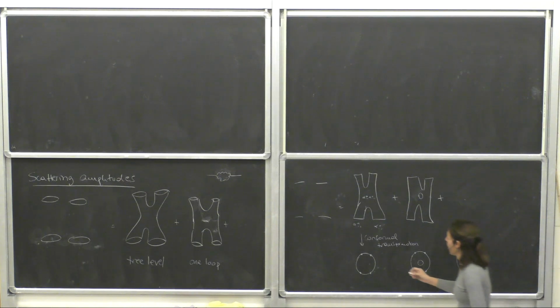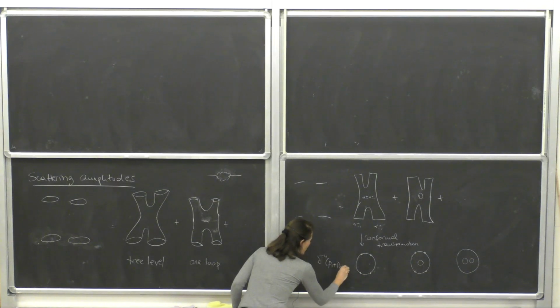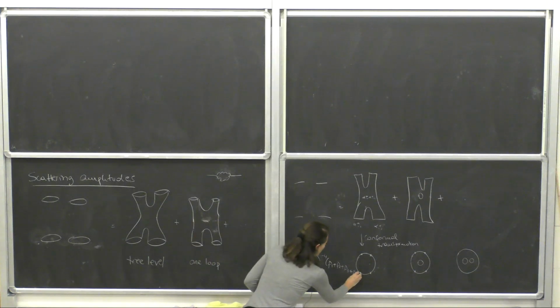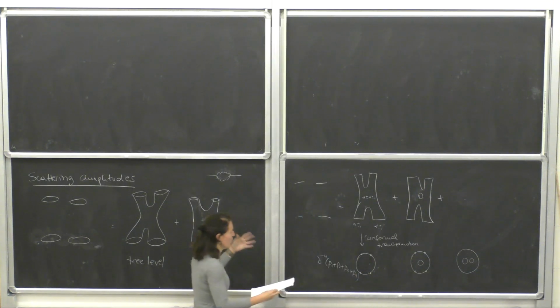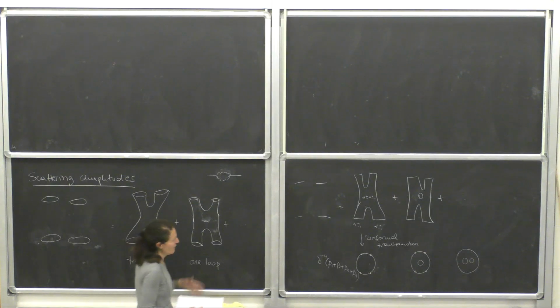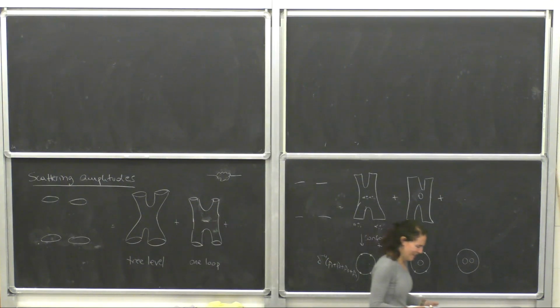So you will get a delta of K1 plus K2 plus K3 plus K4, and then the polarization tensors should be such that they also combine in the right way. I mean, one has to do this calculation, which is not easy.